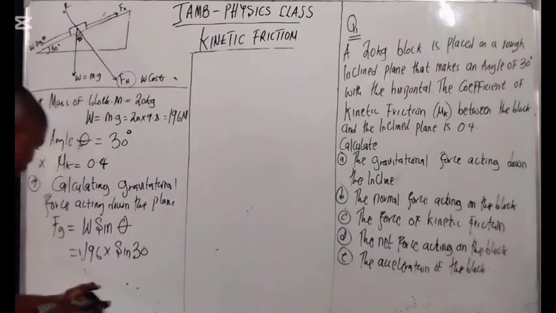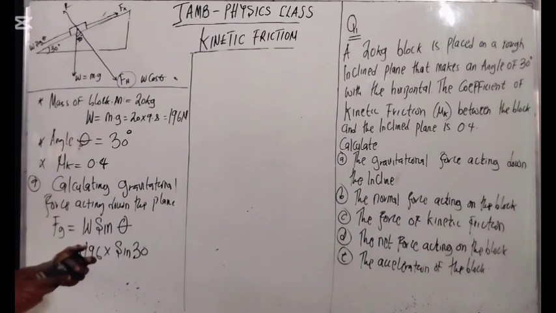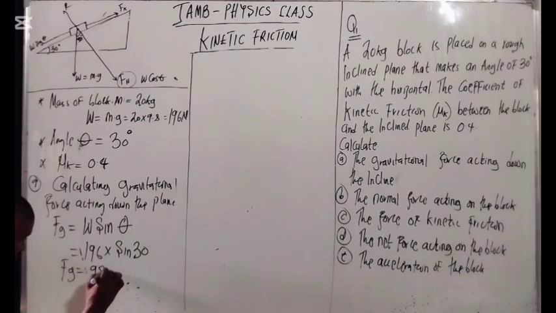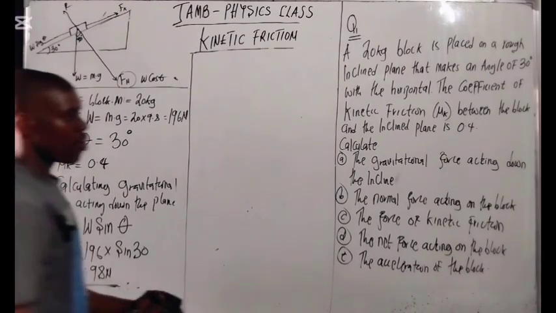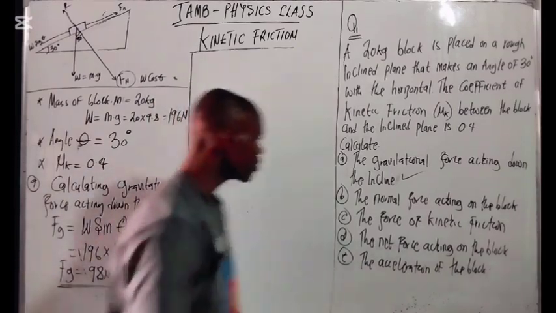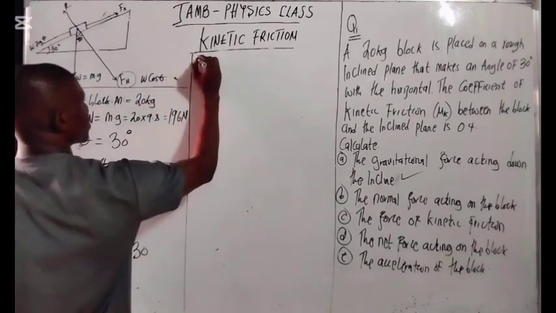Bring your calculator and get your answer. So my FG equals 98 Newton. So I've got my first one. Do you understand? Now let's look at the B part.